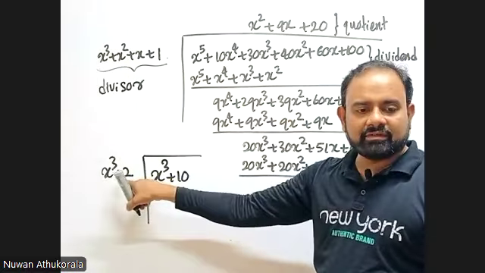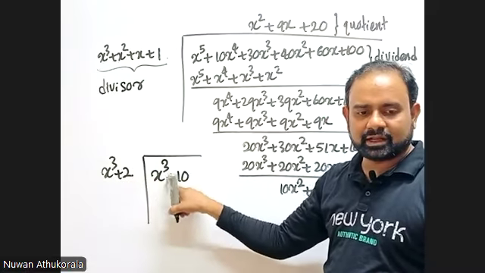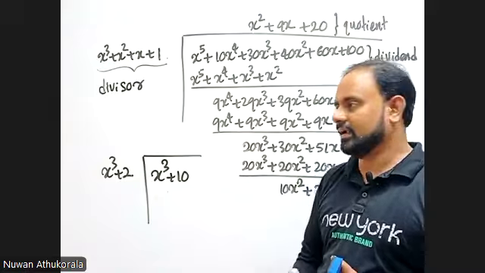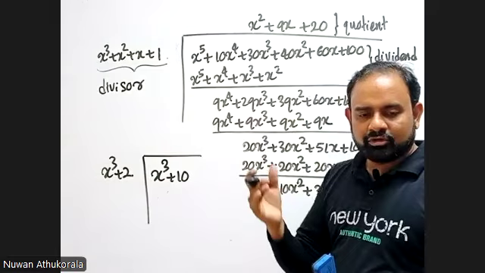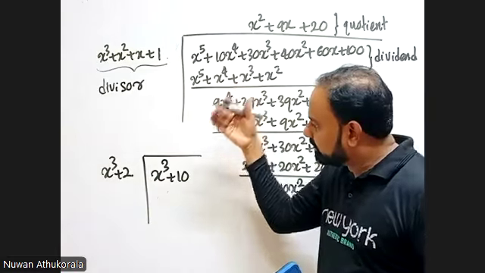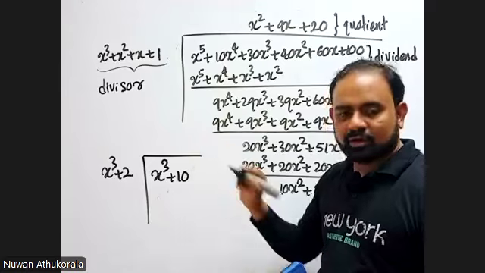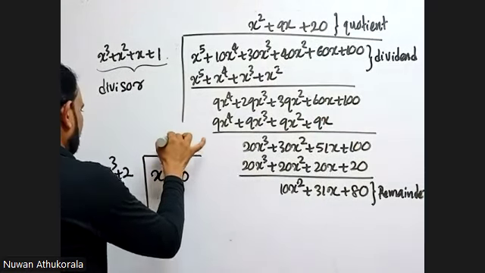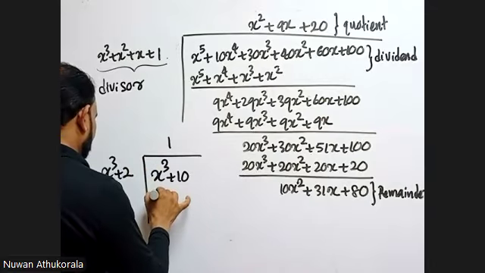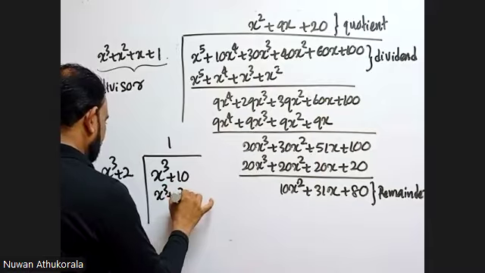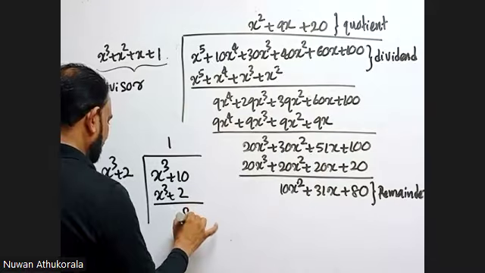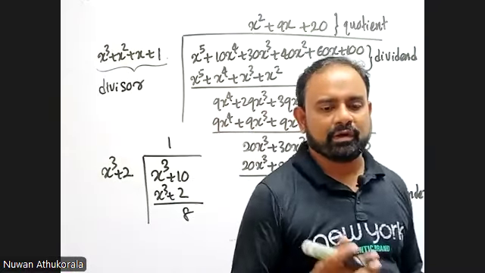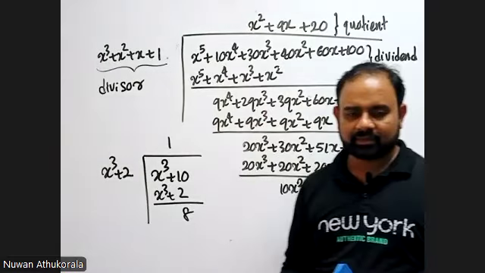Degree of divisor is 3, degree of dividend is 3, right. Degrees are identical, but we can simplify this long division. First term is 1 into s cube plus 2, remainder is 8. We can simplify these two polynomials by using long division.